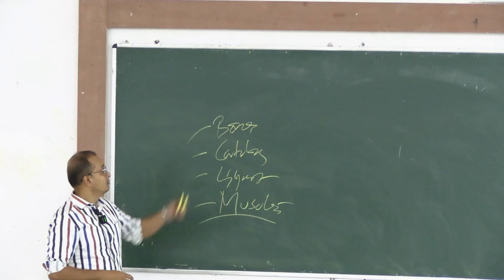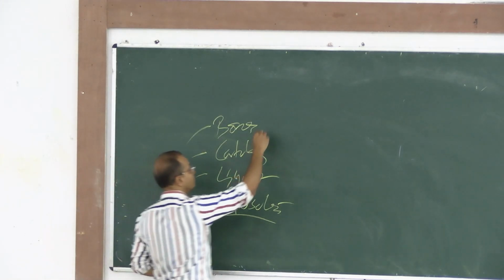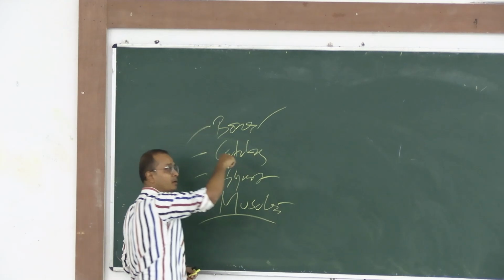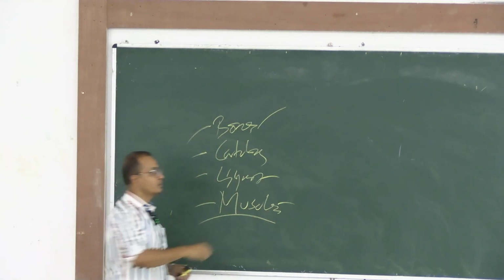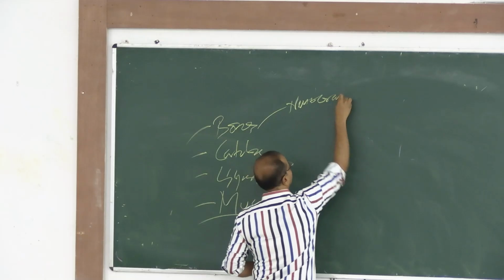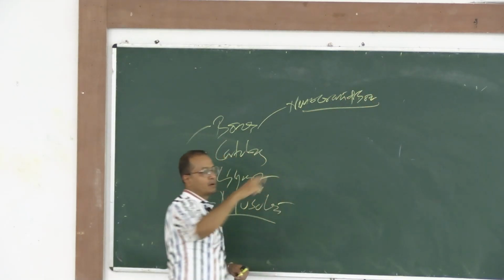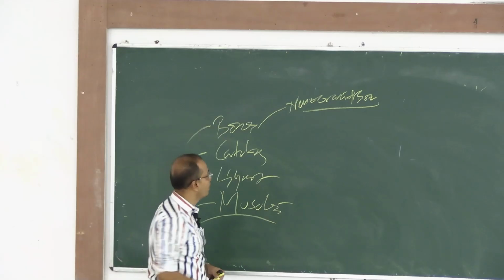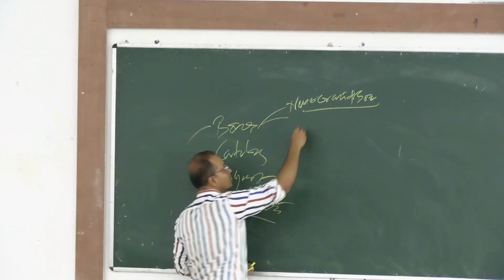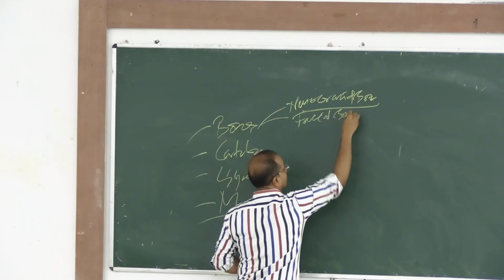Now, breaking down to the bones in this head and neck region, we are going to see some bones related to the cranium. We call them neurocranial bones. That means the skull bones covering the brain region. Others are facial bones, related to the face.